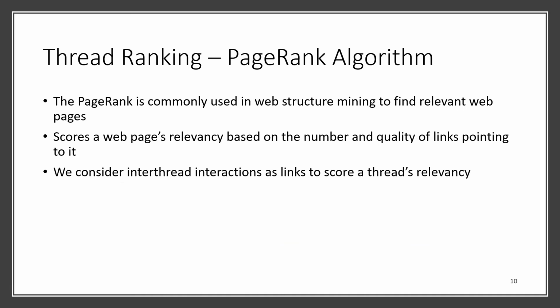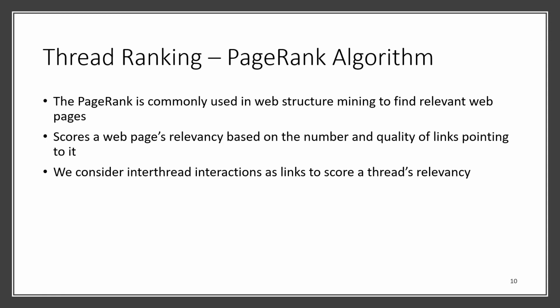To determine a thread's relevancy, we use a slightly modified version of the PageRank algorithm. This algorithm is commonly used in web structure mining to find relevant web pages to a given query. It scores each web page's relevancy based off of the number of links pointing to that web page, as well as the quality of those links.